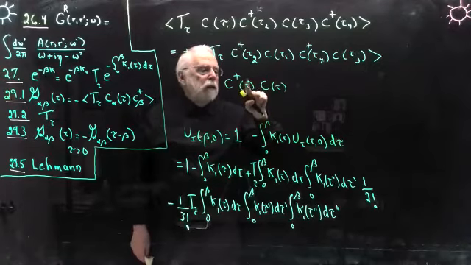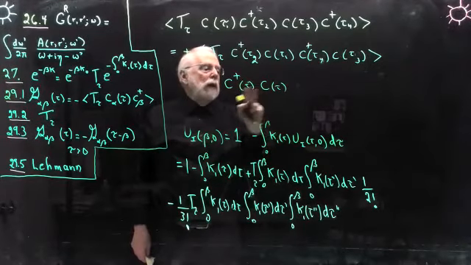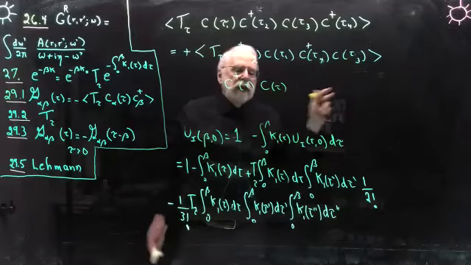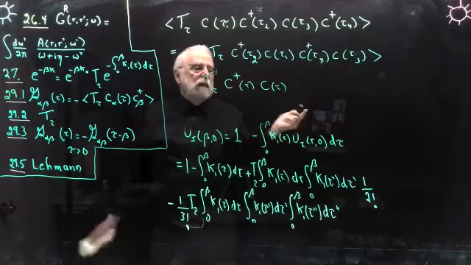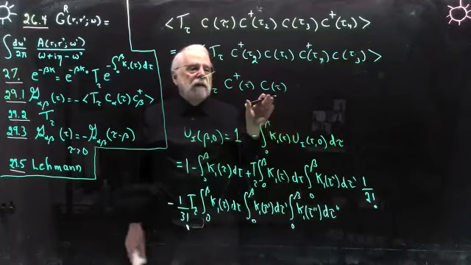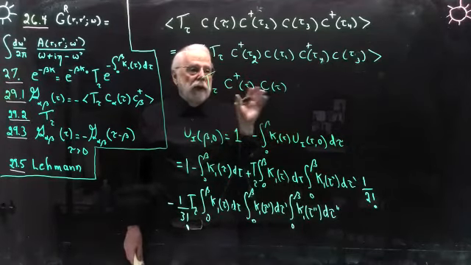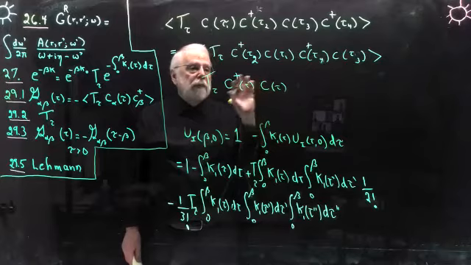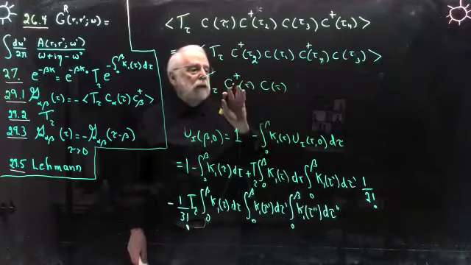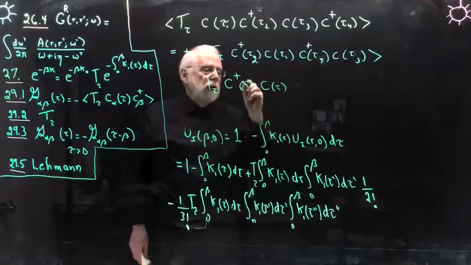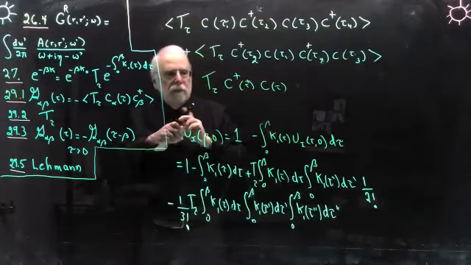So if I do this, I know what that is. I can evaluate this. But if I write time ordering operator of this, it doesn't mean anything, because the time ordering operator needs to know which time is first. Because if it's this, it's not equal to this in the other order. So I would put a T plus here.